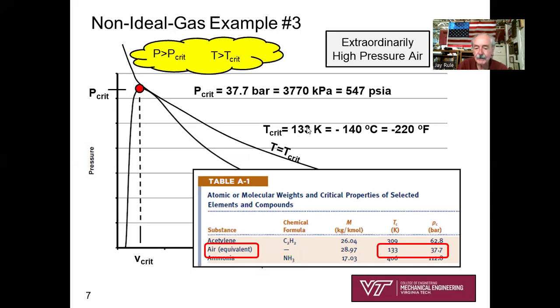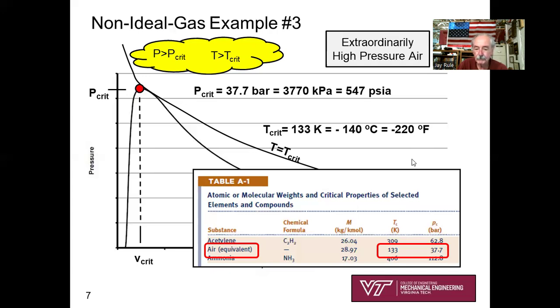If I subtract 273 from degrees K, I get negative 140 degrees C. Now I know that's cold, but I still don't have a great feel for it. But if I transform degrees C into degrees F, it's minus 220 degrees F. Now, I know darn well that's cold. I don't know anything on Earth that gets that cold, right? So negative 220 degrees F is the critical temperature of air.